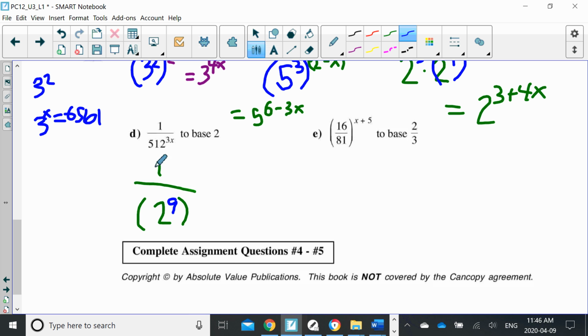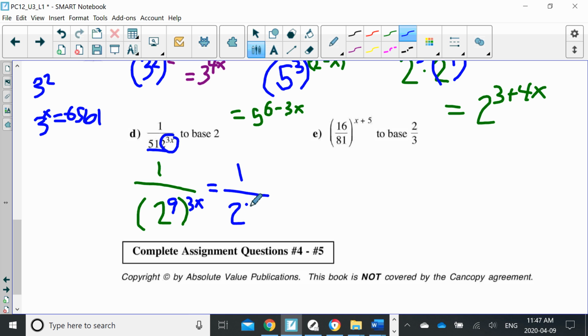Okay, so what I've essentially done is converted 512 into base 2, so 2 to the power of 9 is 512. And then outside of this bracket, let's write that 3x. What I have here is a power to a power. 9 times 3 is 27.